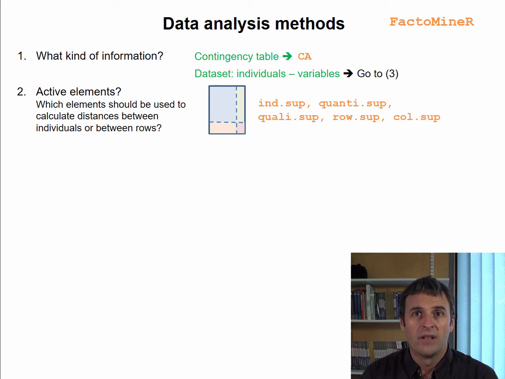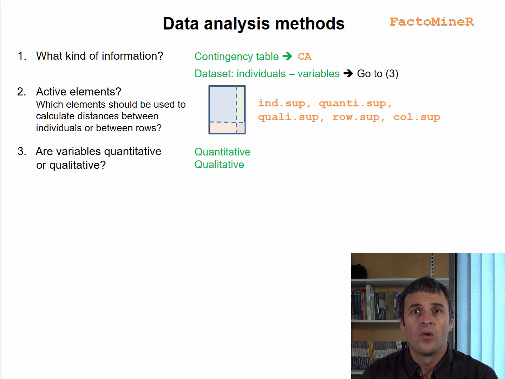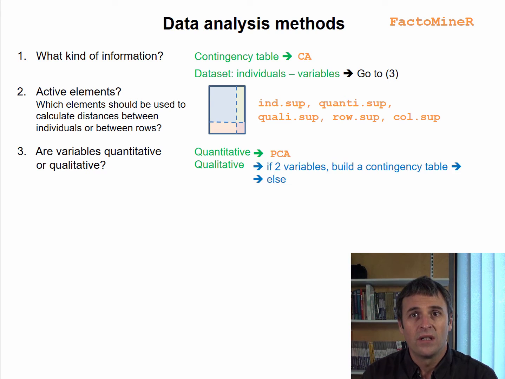Once the active elements have been defined, we need to know whether they are quantitative or qualitative. If the variables are quantitative, we should do a PCA using the PCA function in FactoMineR. If the variables are qualitative, two things.